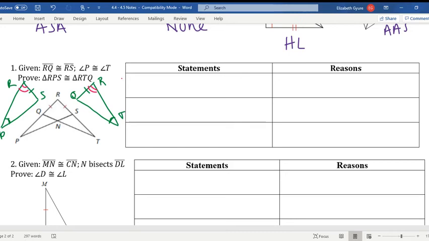Good. And then what do we use to show the triangles are congruent? Julia? Is the side between the two angles or is it a not included side? Well, if you take a look at this, the side that connects the angles from the two congruent ones is RT and RP.